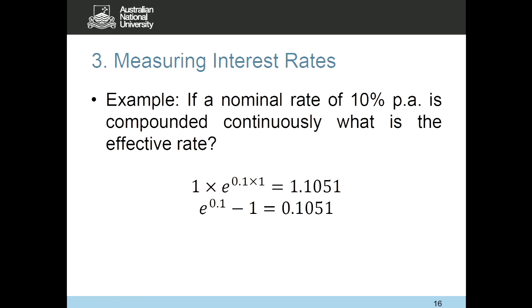Now, in order to answer that question, we can take $1 and compound continuously at a rate of 10% over a time horizon of 1 year, and what we'll get is $1.10, right? So to work out your actual earning over the course of a year, we simply subtract 1, and our actual earning is 10.51%. So the effective rate for this nominal rate of 10% compounded continuously is 10.51%.